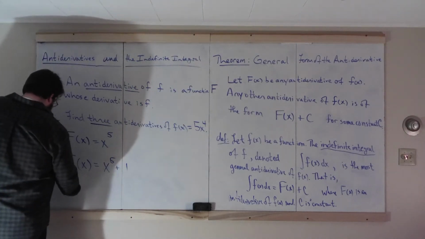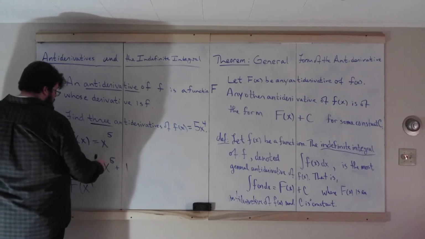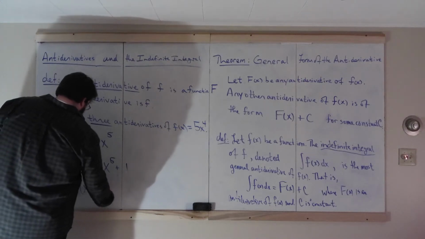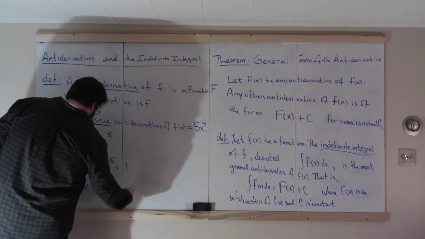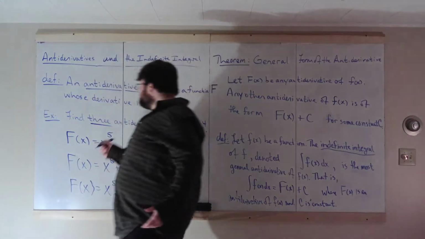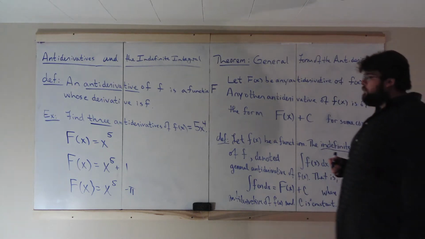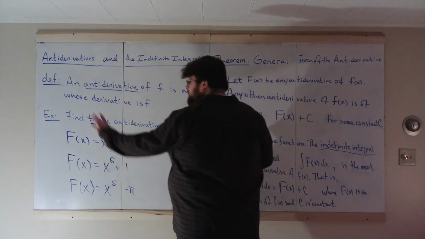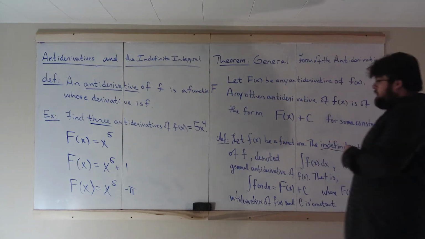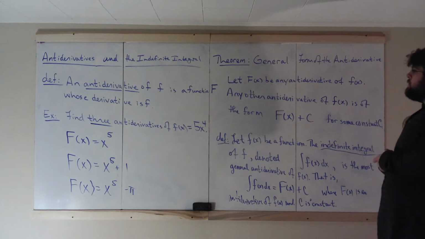What if we take x to the fifth minus pi? The derivative of that is also 5x to the fourth. So we found 3 different functions whose derivatives are 5x to the fourth, each one.